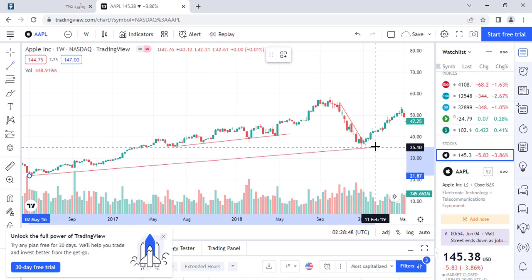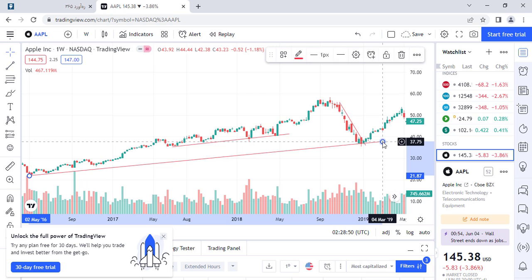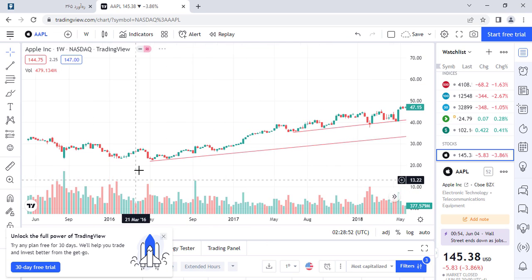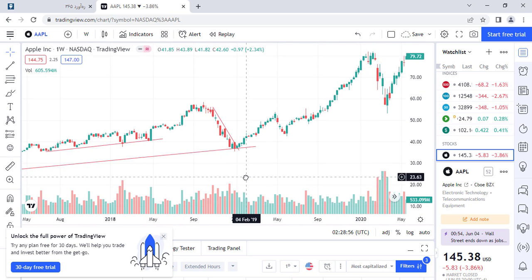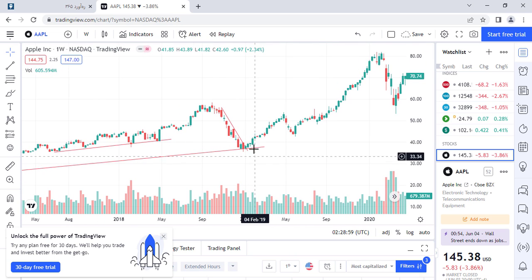It's also in resistance area. It's on a resistance area, and yes, the volume is not so.